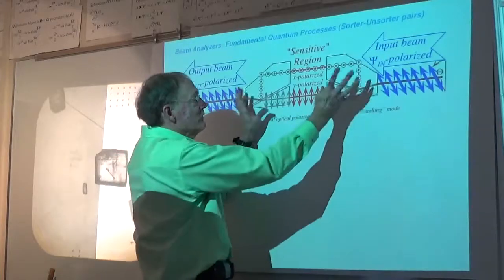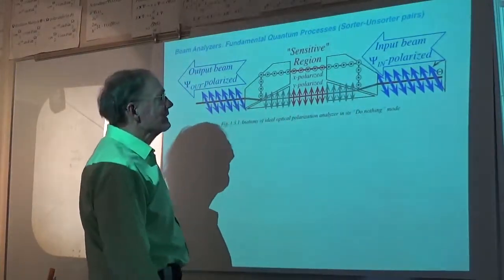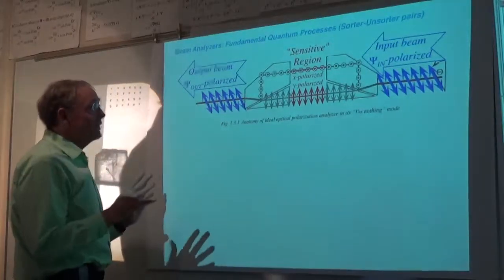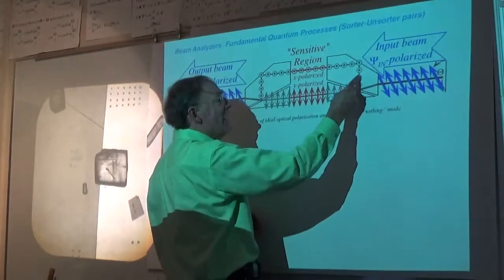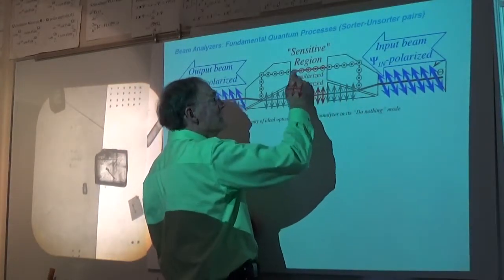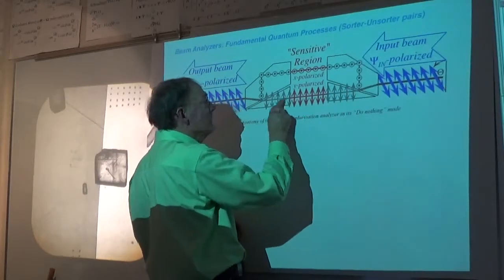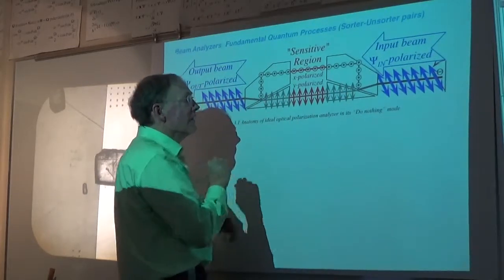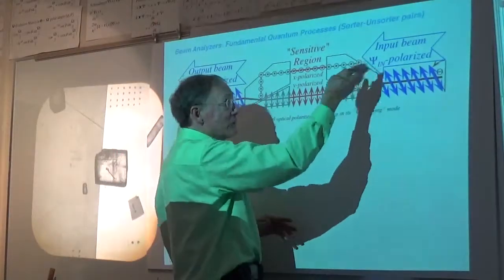Just buy 2 of these Brewster polarizers and put them like that. If the optical path length for this one is the same as this one, this analyzer will do nothing to any beam that comes to it.